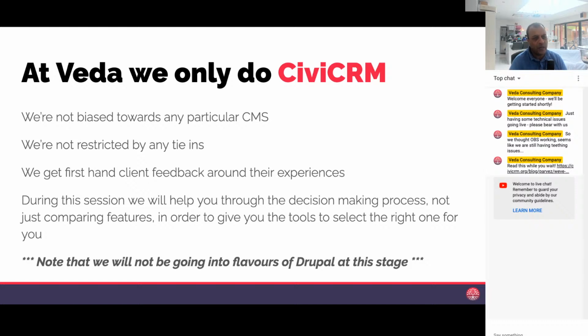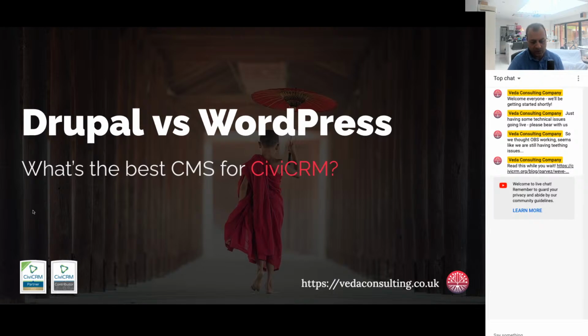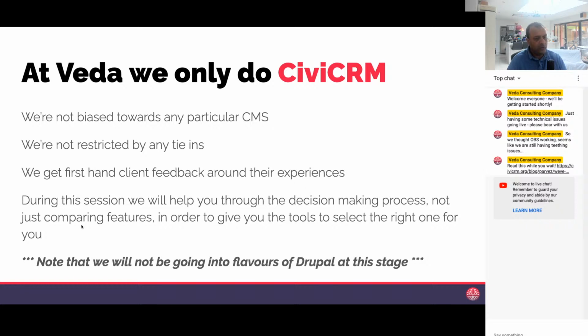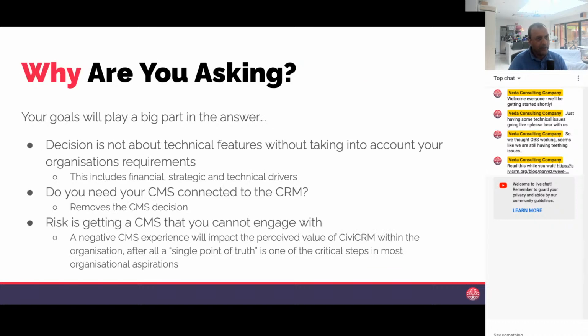So really, this is about how you get from the point of deciding you're going to go CiviCRM, and you want to go with a CMS, to a point of which CMS you should pick. This is the point where we're trying to make those functional decisions based on the business needs.